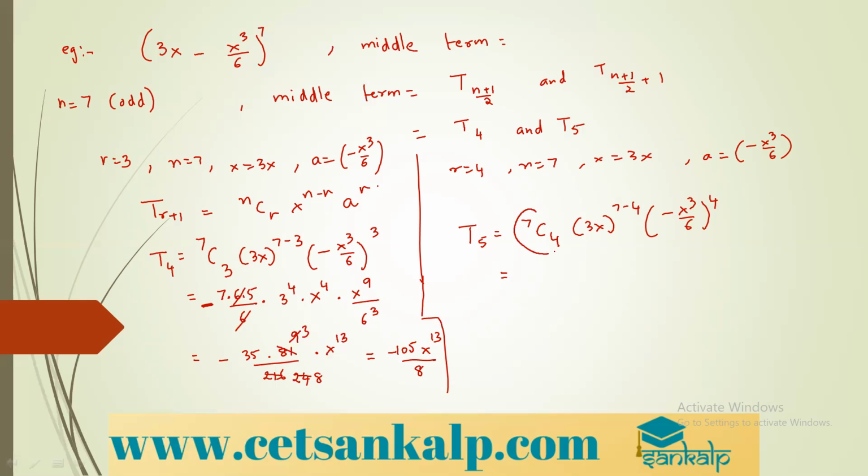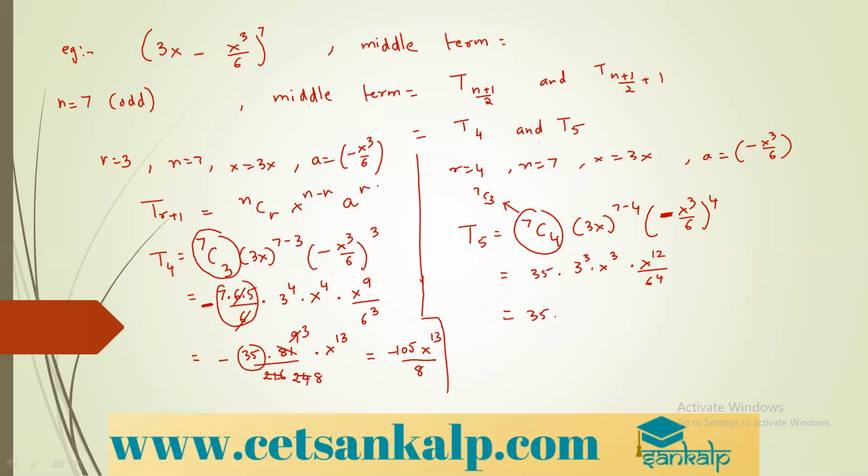7C4 is the same as 7C3. What did you get for 7C3? You got 35, so the same 35. Then I have 3³ x³. Minus power 4 will become plus. x¹² by 6⁴.